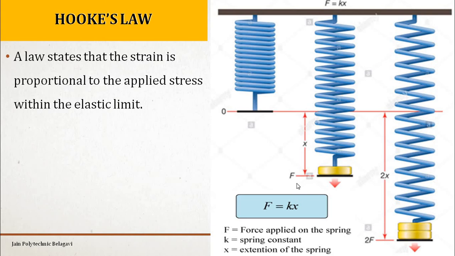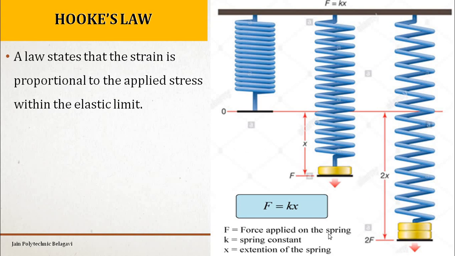So Robert Hooke, who developed this law, tells us that stress is proportional to strain within the elastic limit. If stress is 2, strain is also 2. If stress is F, strain is X. It is not varying, so it is proportionally increasing. So stress is proportional to strain.